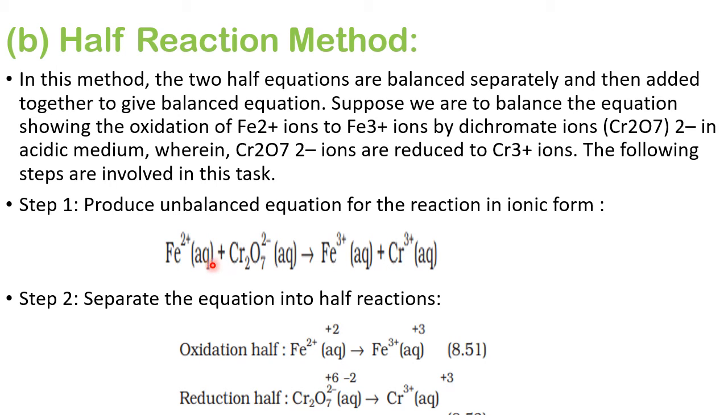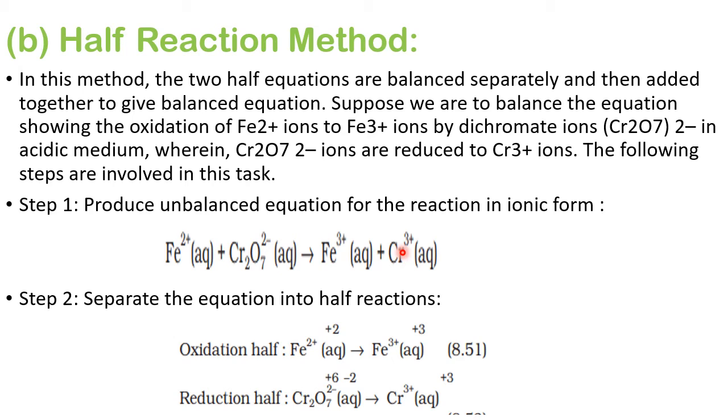Fe is already in the plus 2 state, single, so no need to write. Here it is an ion, so separately write down. Cr is in which state? Cr is in the plus 6 state. O is in the minus 2. Fe single is already in the plus 3, no need to write down. Cr single is already in the plus 3. So we have assigned the ON now. After assigning the ON, now what do you have to do? This is the half reaction method.